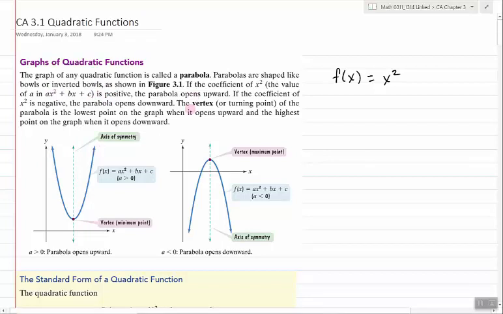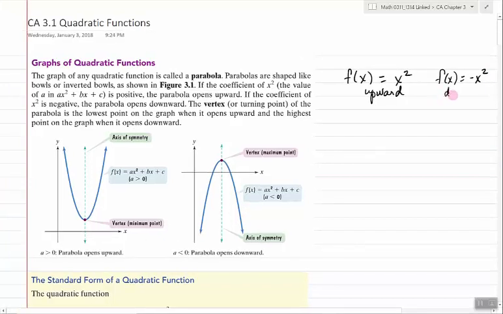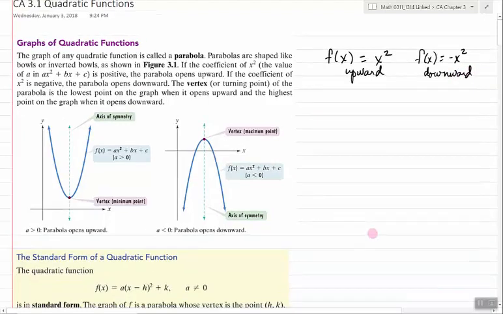If it is negative, it opens downward. We actually have talked about that. So this one is upward. But if you had f of x is equal to negative x squared, we remember that it has a reflection about the x-axis, and so it will open downward. So we really have already discussed that.